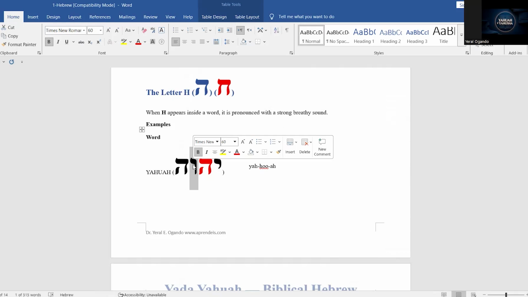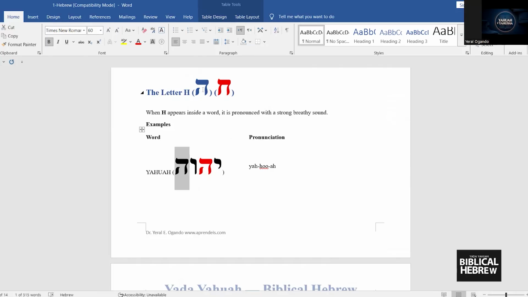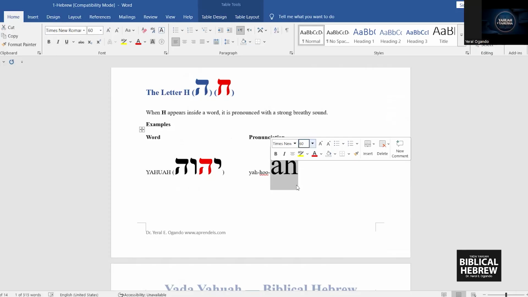In some other cases, like in this case, we're talking about the name Yahuah, pay attention closely. If you see these letters at the end, you pronounce it, but since it is at the end, the H is not pronounced. You don't say Yahuah with a final H, because the H at the end is not pronounced.